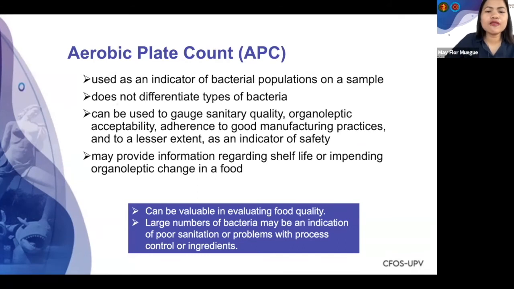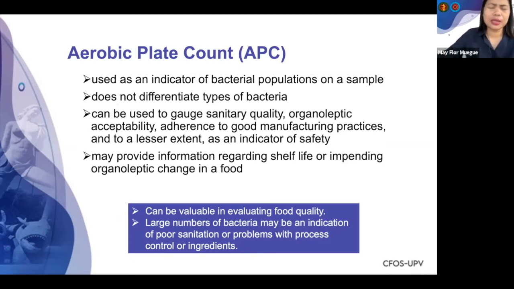So it does not differentiate types of bacteria. General siya, total count yung tinitingnan, and can be used to gauge sanitary quality, organoleptic acceptability, adherence to good manufacturing practices or GMPs, and to a lesser extent, it can be used as an indicator of safety.